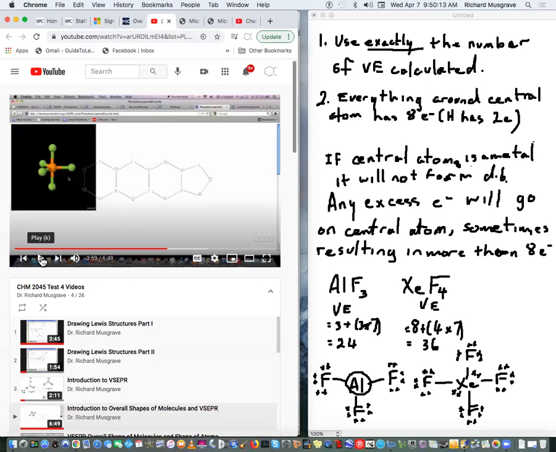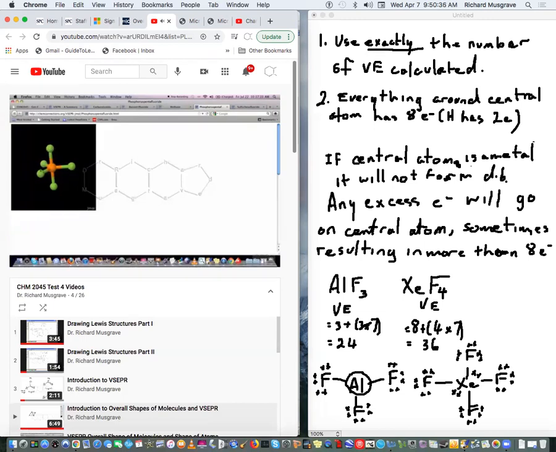So let's look at what happens. I'm going to show you how this looks in 3 dimensions. And in this way, everything's as far apart from each other as it possibly can be. The name trigonal bipyramid or trigonal bipyramidal comes about because if you look at the 4 atoms here, they take on the shape of a triangular based pyramid.